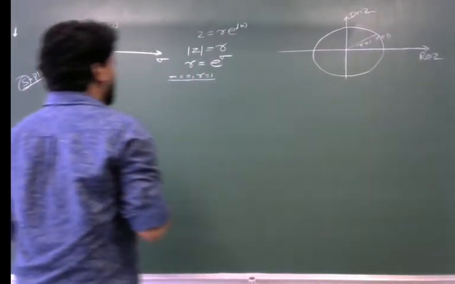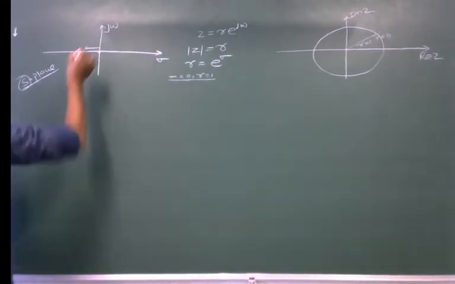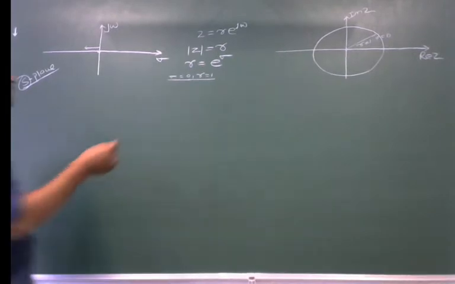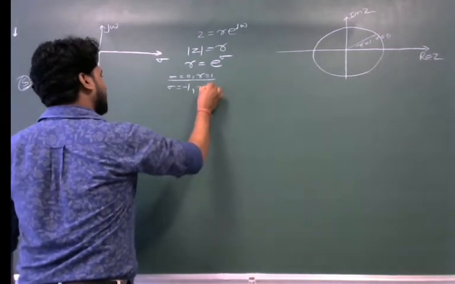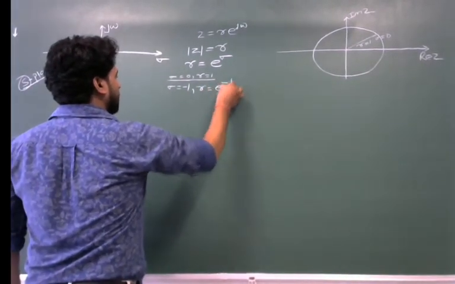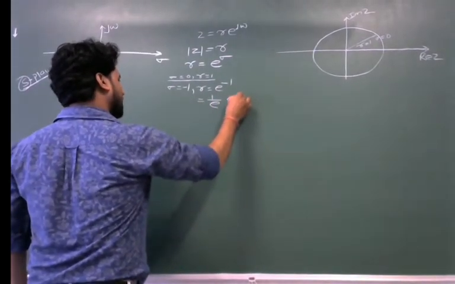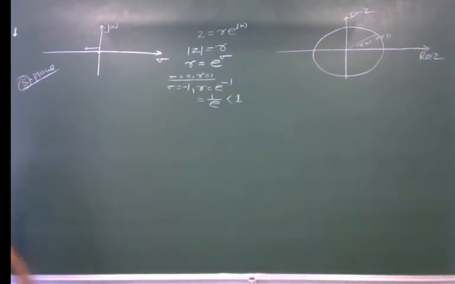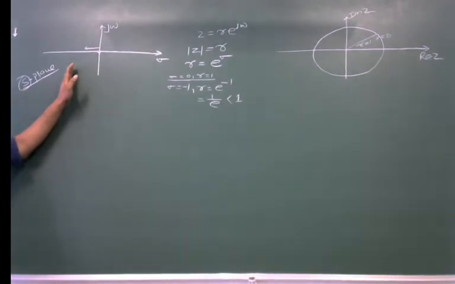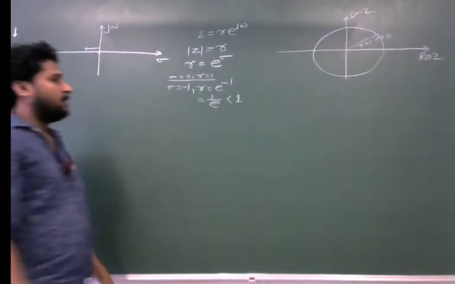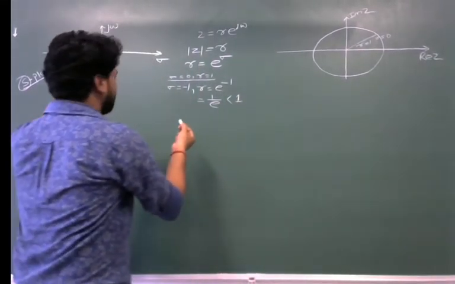Now, if we move to the left side of this origin, means when I put negative values of sigma, suppose sigma equal to -1, then this r will be equal to e power -1, or 1 upon e, and this is definitely less than 1. It means that as we move to the left side of the j omega axis in the S plane, in the Z plane we will move inside the circle.